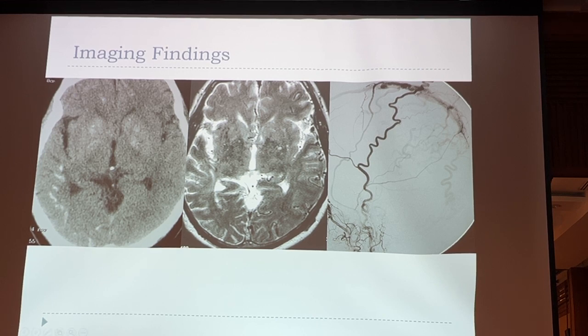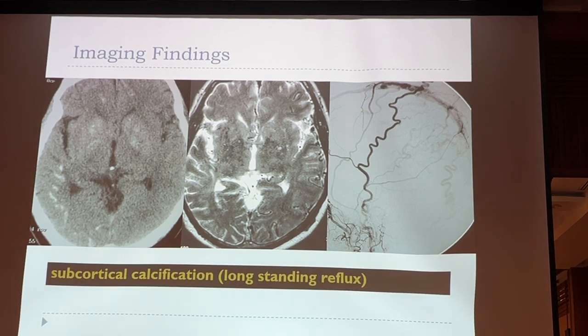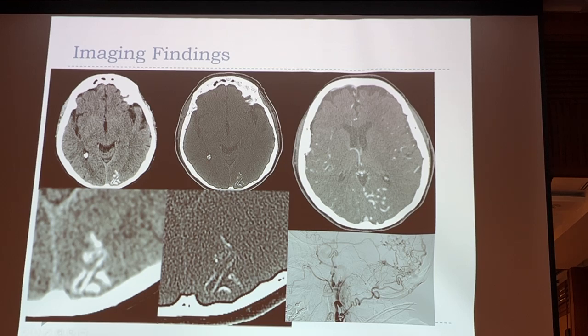But again, you see that there are too many vessels here over this hemisphere where we have the focal calcification, and these tram track-like calcifications are a sign of long-standing venous congestion or long-standing reflux. Another example here, look at the tram track-like calcification as a sign of long-standing congestion, here with abnormal vessels.